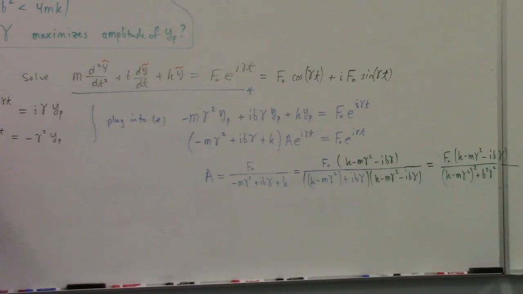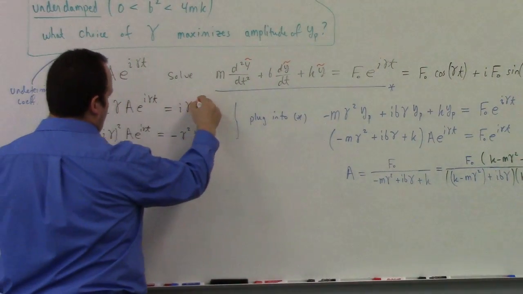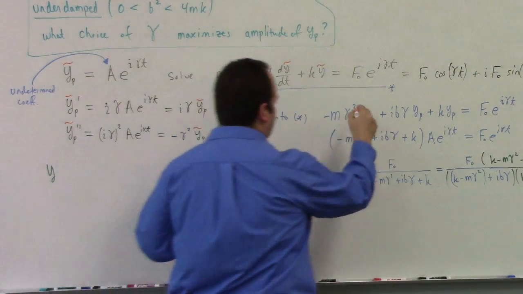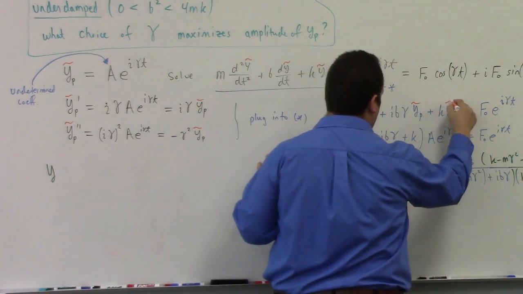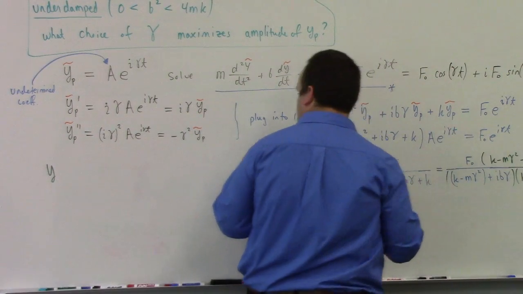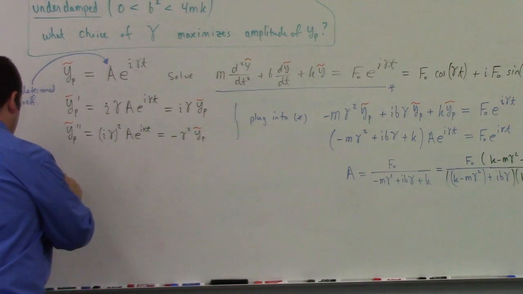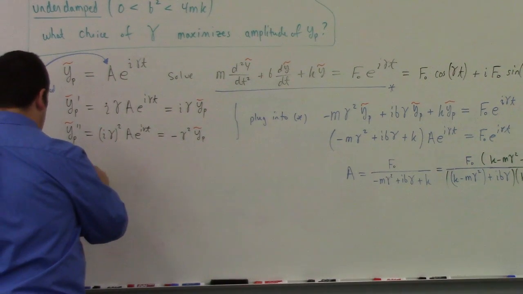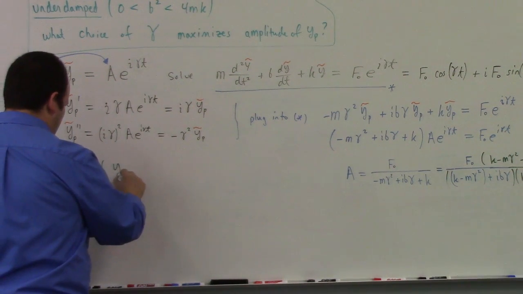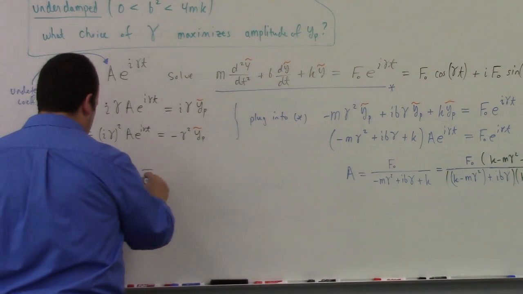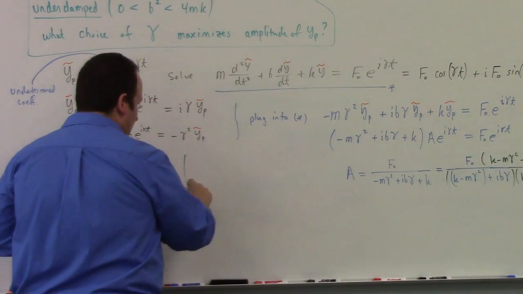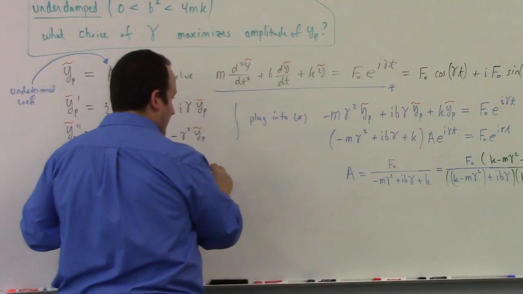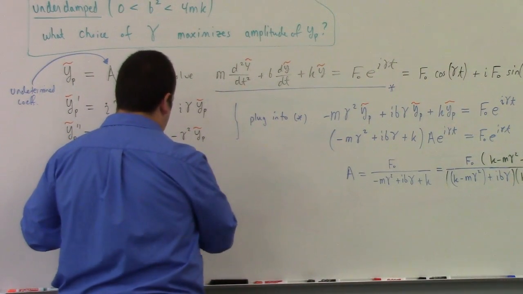And so the solution we just found, what I need is yp is going to be the real part of the complexified one we just found. Let me just write it out this way.